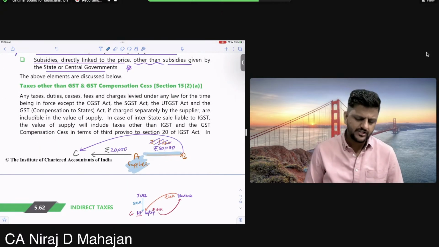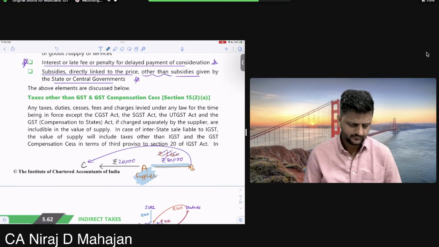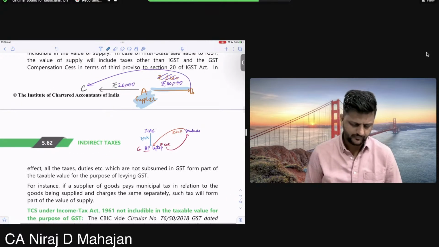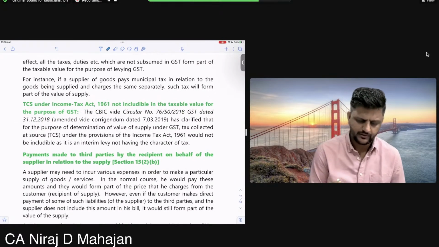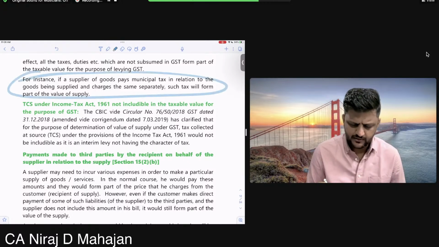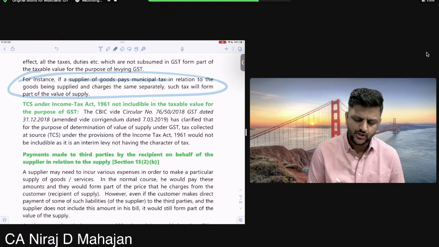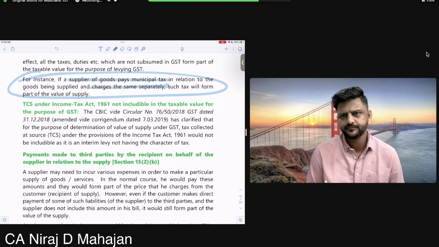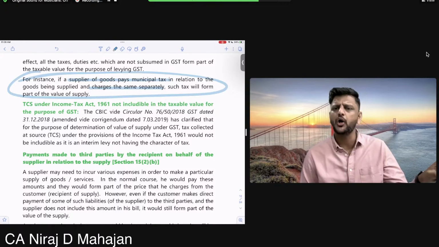Taxes other than GST and GST compensation cess. That is okay. Check here. Example: if the supplier of goods pays municipal tax in relation to the goods being supplied and charges the same separately. Okay, till here? That means in the earlier case also, or any example, we used to have octroi.